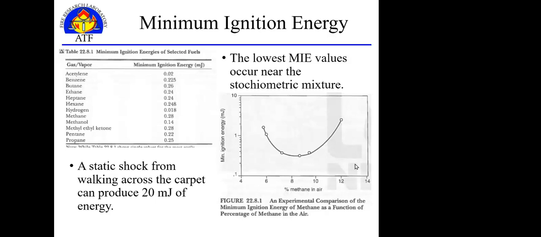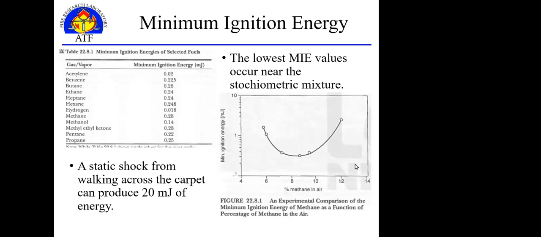One thing worth noting is the lowest minimum ignition energy values are going to occur at or near that stoichiometric mixture, and they go up as you go to the lower or upper limits. That's pretty much universal across the board.